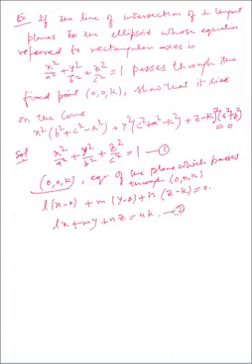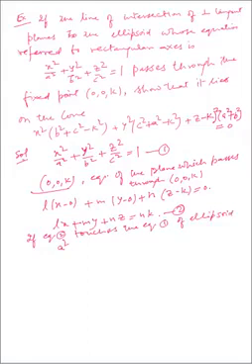Now if this plane 2 touches the ellipsoid 1, then we have the condition a square l square plus b square m square plus c square n square is equal to n square k square.